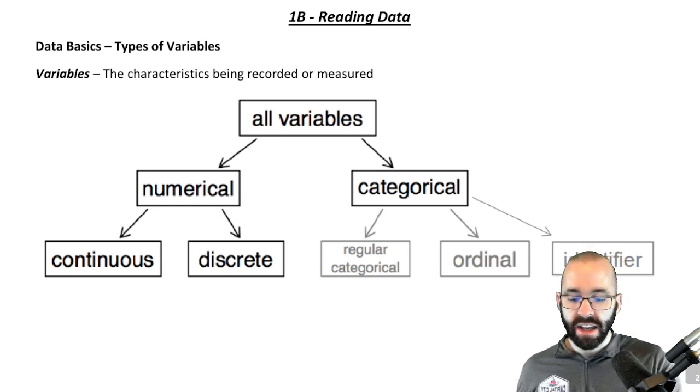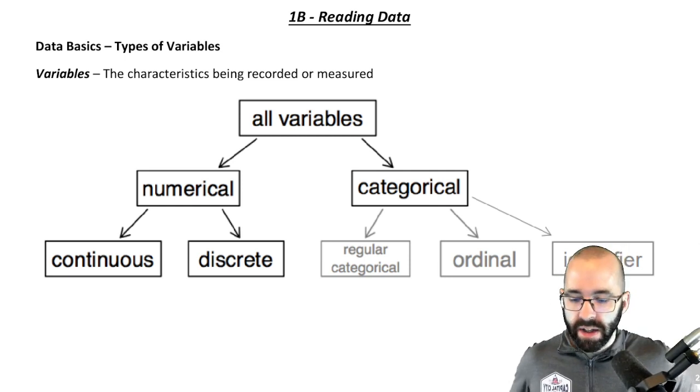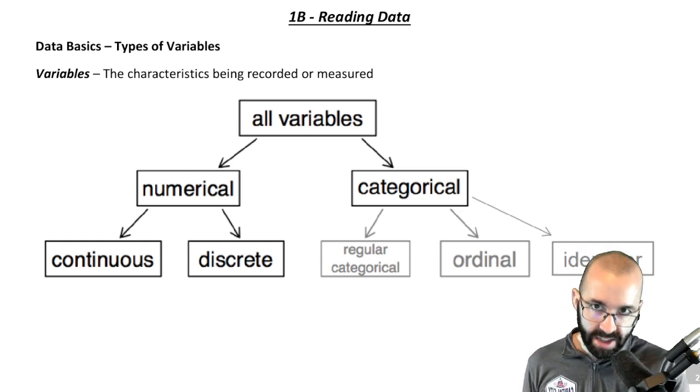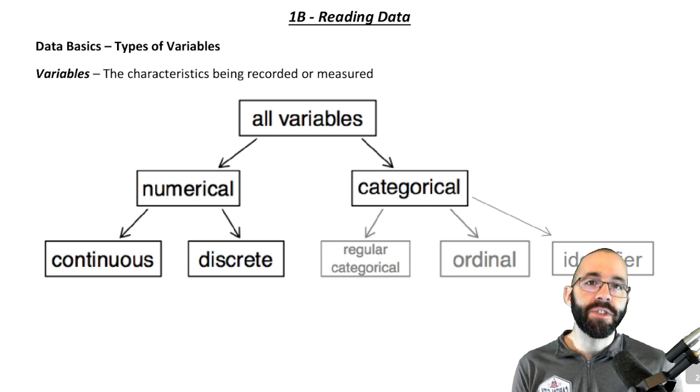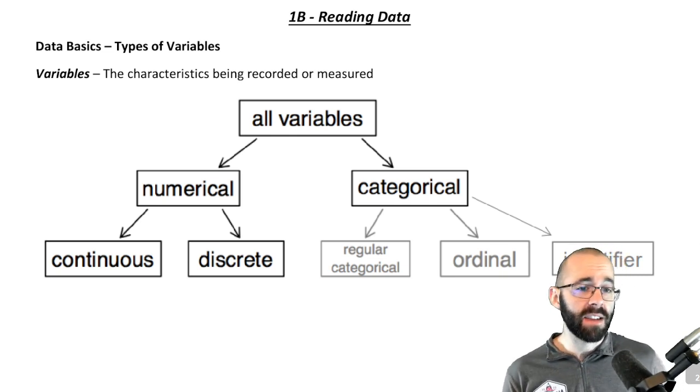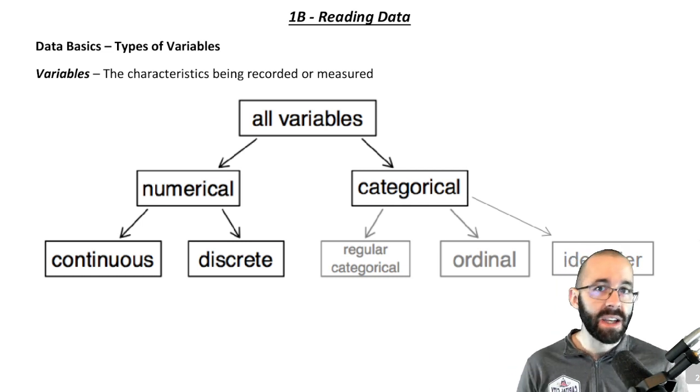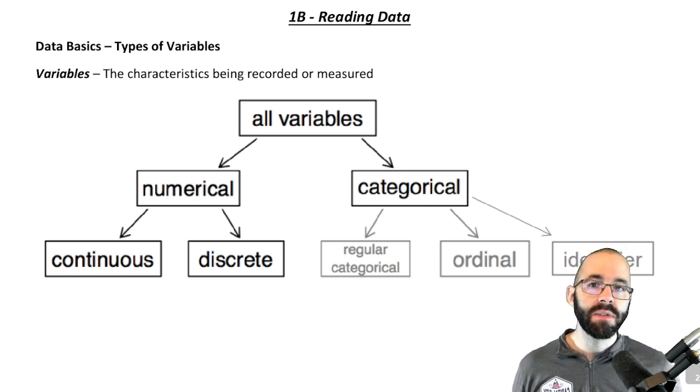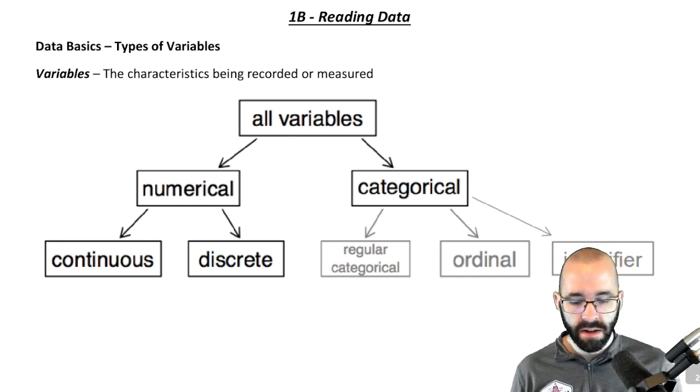So we have a visualization here, a graphic showing different kinds of variables. Let's start with that. Variables are the characteristics that are going to be recorded or measured. In our last example, where we were looking at the heights of SPSCC students, the variable was the characteristic we were recording: their height.